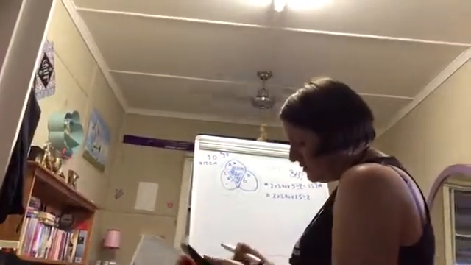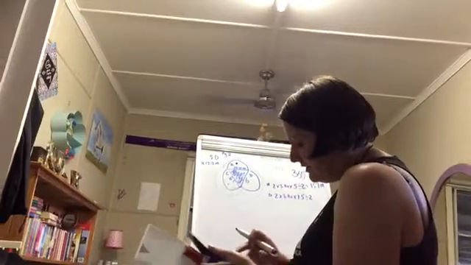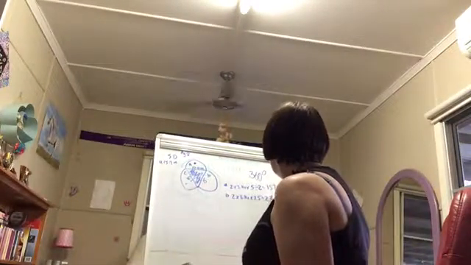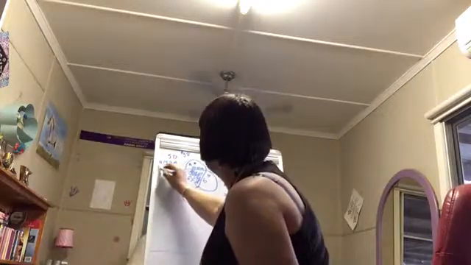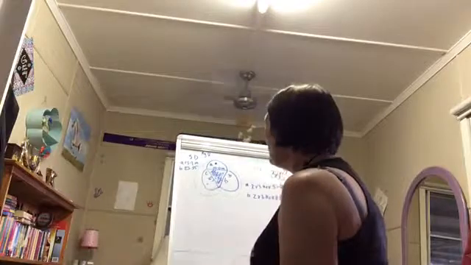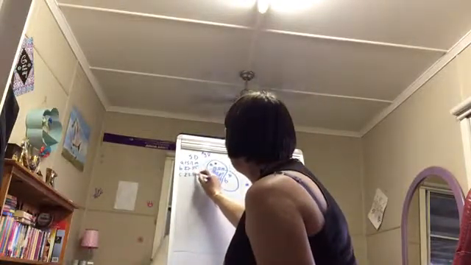So 2 by 3.14 by 7.5 divided by 2 is 23.55. So B is going to be worth 23.55, and I know that C is exactly the same as B, so it's going to be the same, 23.55.